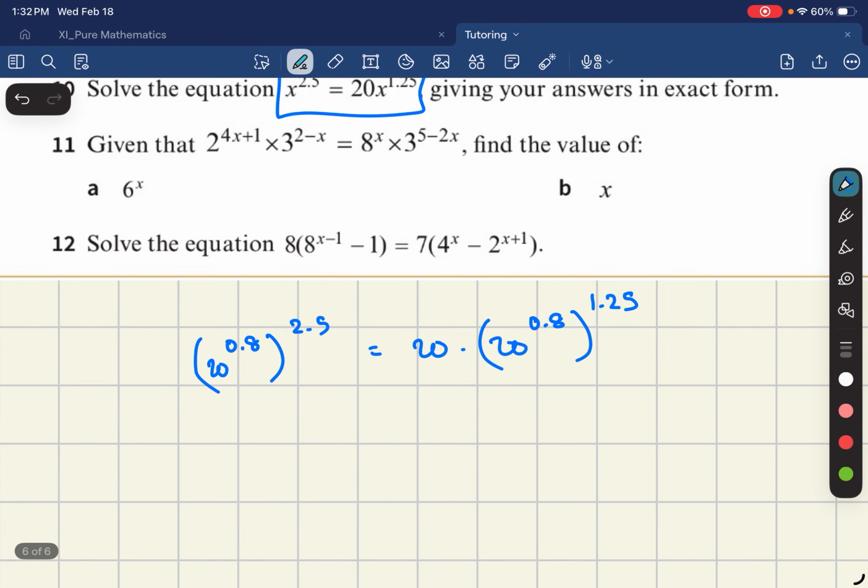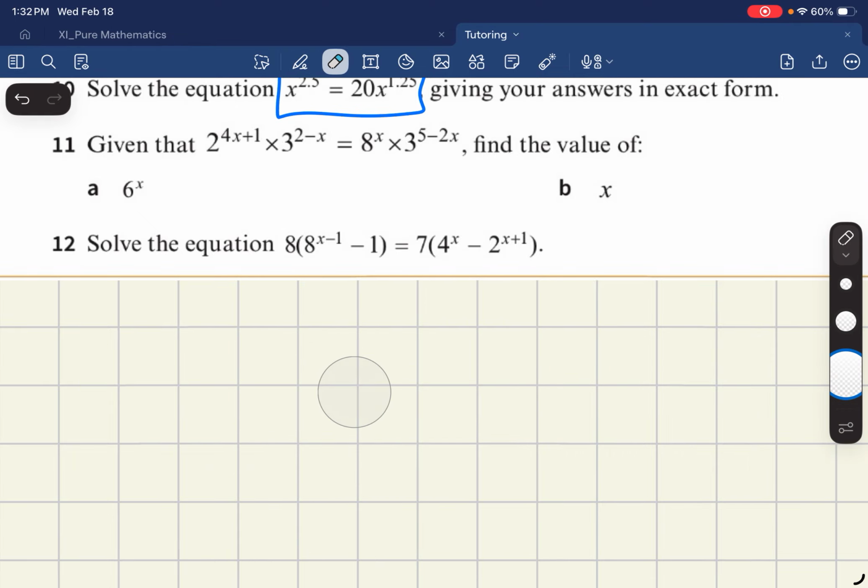And if you put it in your calculator, this side simplifies to 400, and the other side also simplifies to 400. So you know that 20 to the power 4 over 5, or 0.8, is your correct answer.